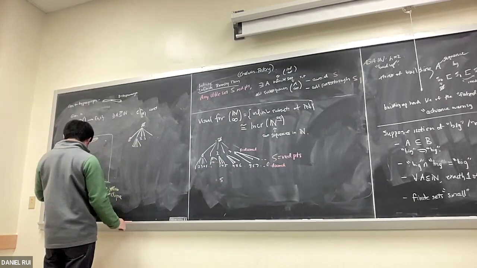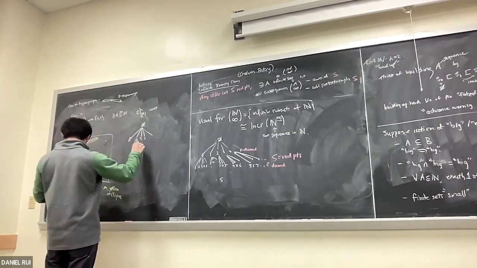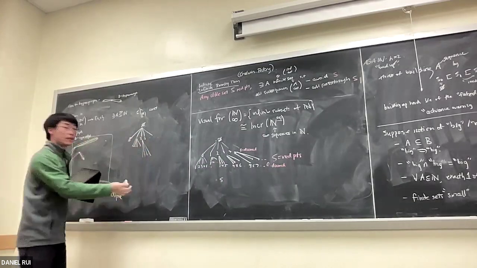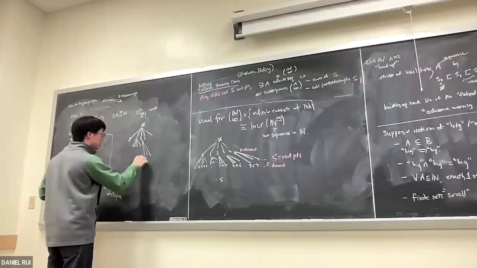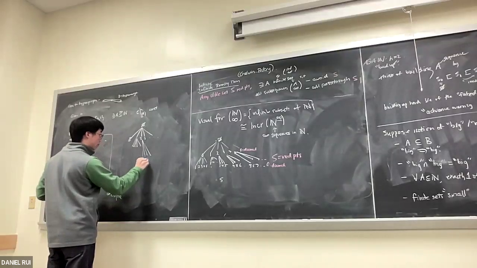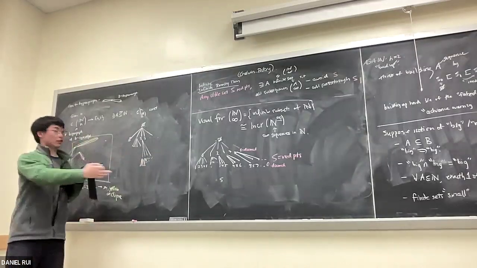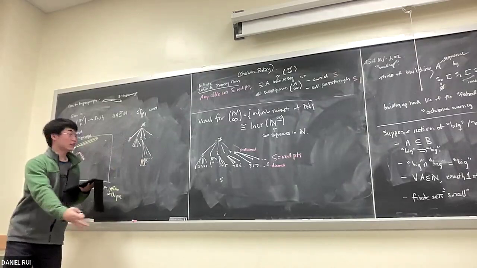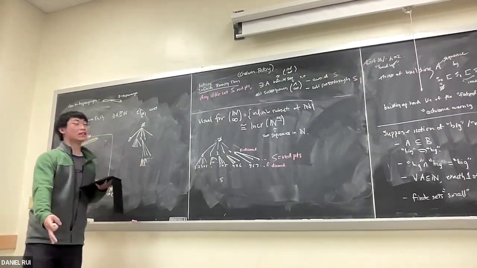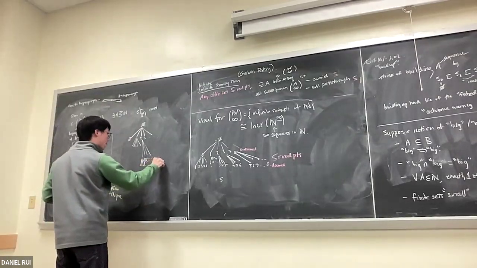And then 2 has a bunch of children, right? And I'm going to call all of its grandchildren red. So 1's children are all red, 2's grandchildren are all red, 3's grandchildren are all red. Okay. So these are 0 good.